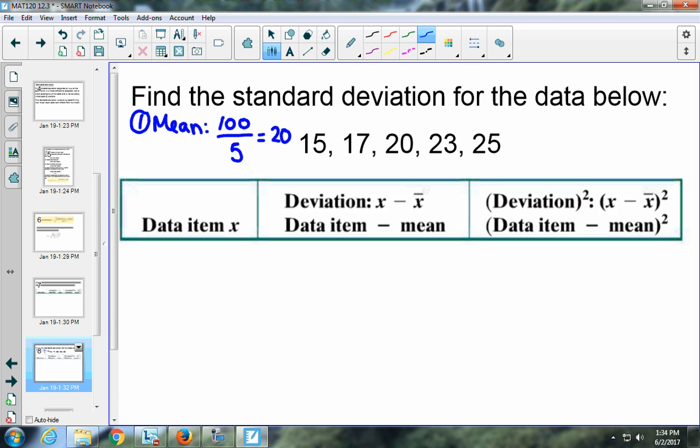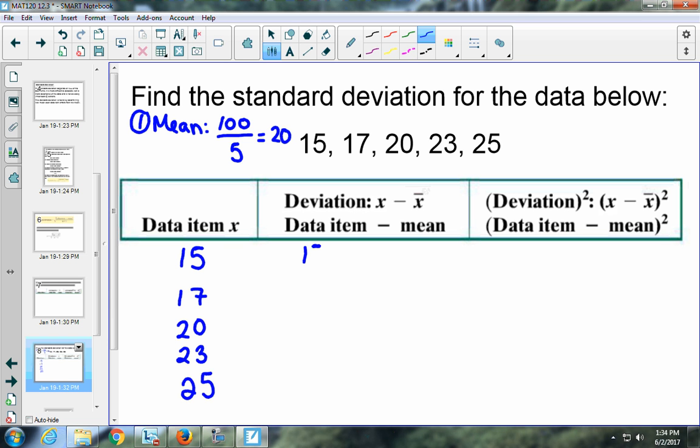Next, to organize everything in the table, I'm going to list my data items in this left-hand column. I'll have 15, 17, 20, 23, and 25. My second step is to find the deviation, to do the data item minus the mean.